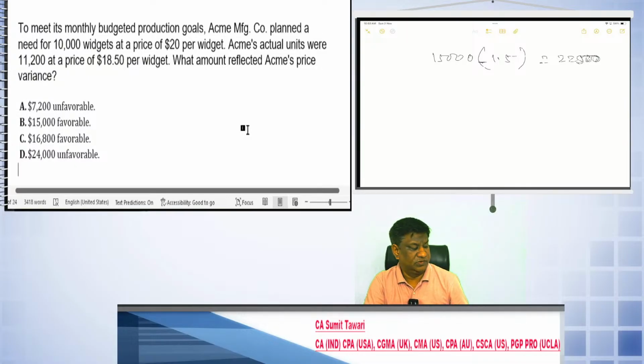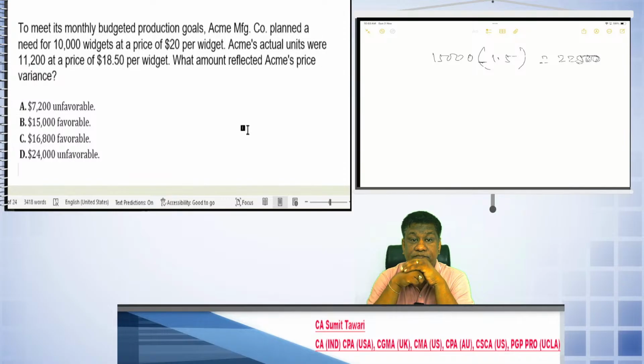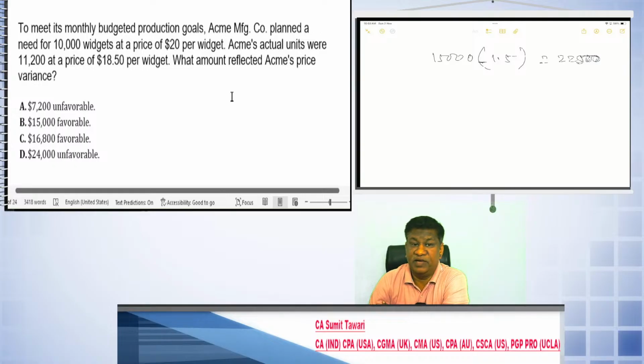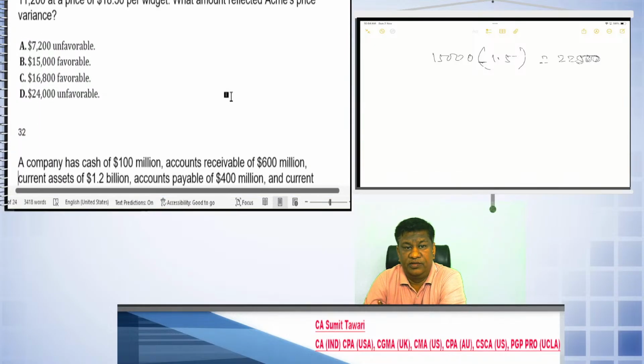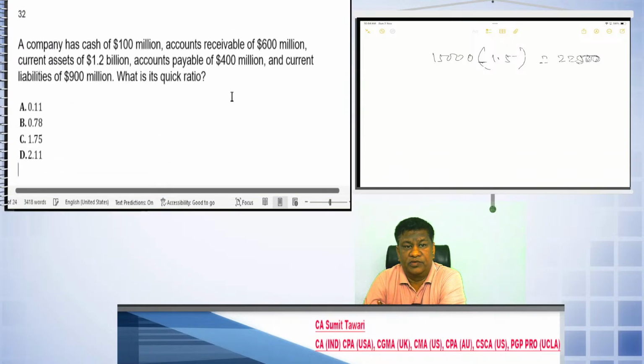Price variances, so we have to take actual quantity. Sir, this is favorable 16,800. Correct. So it is 20 minus 18.5 multiplied by 11,200, right? Yes, sir.